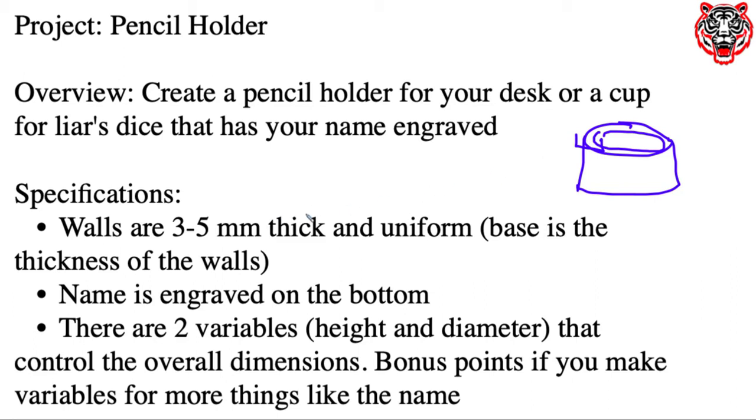So the walls need to be 3 to 5 millimeters thick, and they need to be uniform. This wall and this wall need to be the same. That means if that hole is not centered, then that's a problem. It also needs to be the same thickness for that base. This base thickness right here needs to be the same thickness as these walls. It's a little bit hard to do. You're going to have to do some math. Gasp. And make sure those are the same.